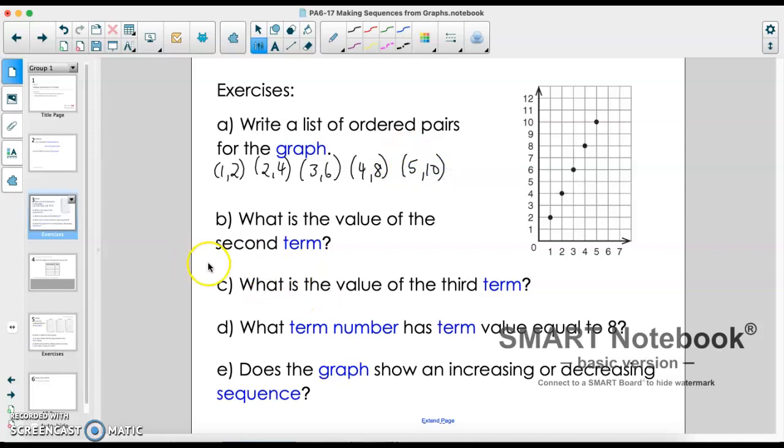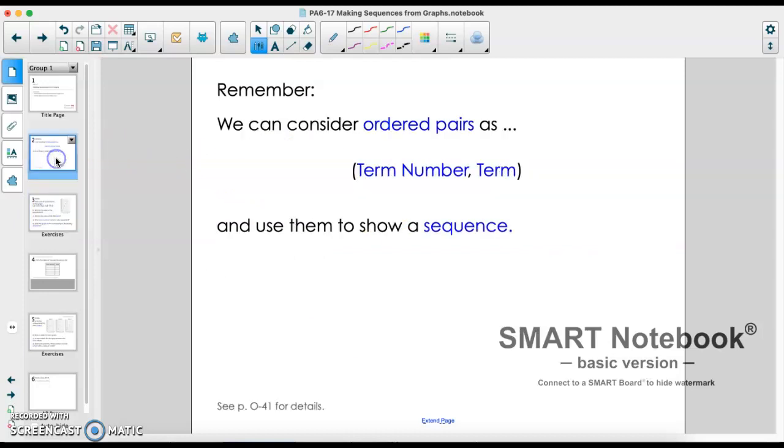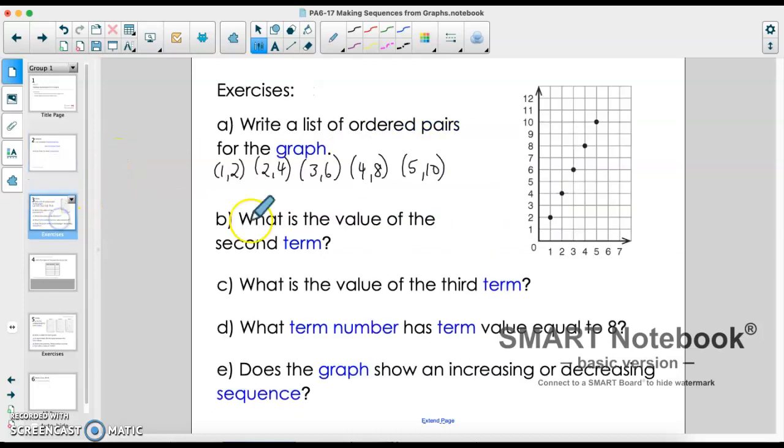The next question they're asking is, what is the value of the second term? We know that the way it goes is term number and then term. So if I look at my sequence, my second term is going to be 4. My term numbers just go 1, 2, 3, 4, 5.